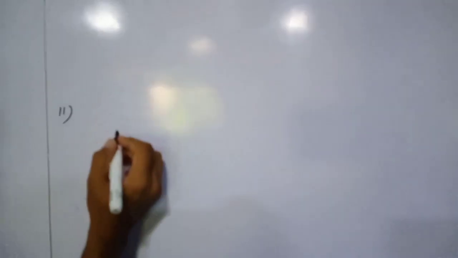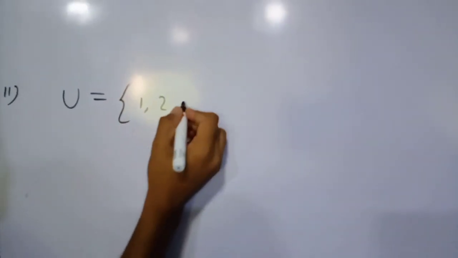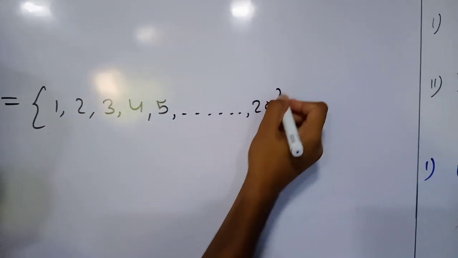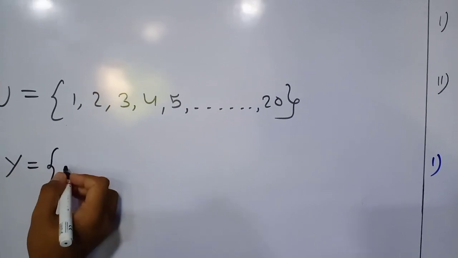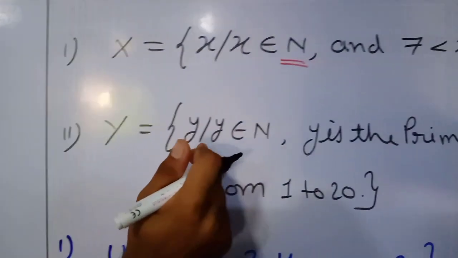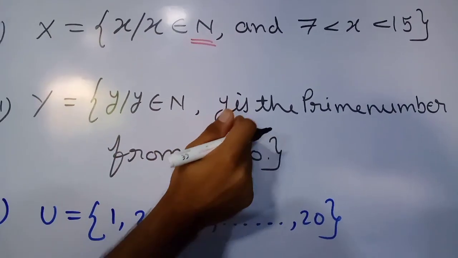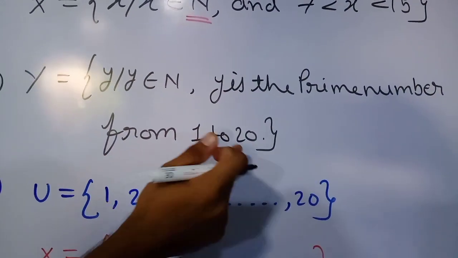The second one is given. Again we have to take the universal set 1, 2, 3, 4, 5 until 20. Set Y is given, such that Y is an element of N. Y is the prime numbers from 1 to 20.